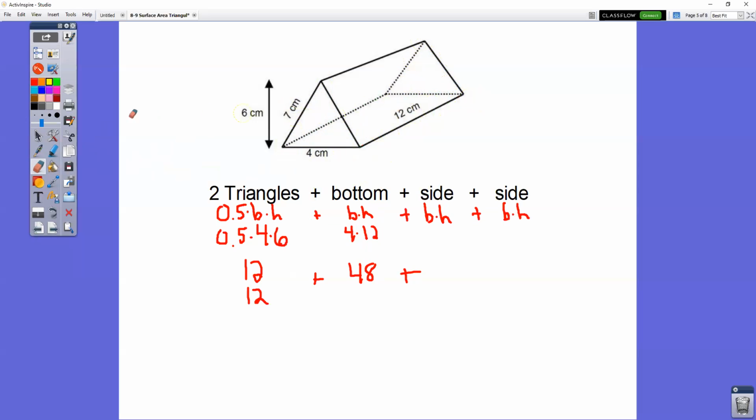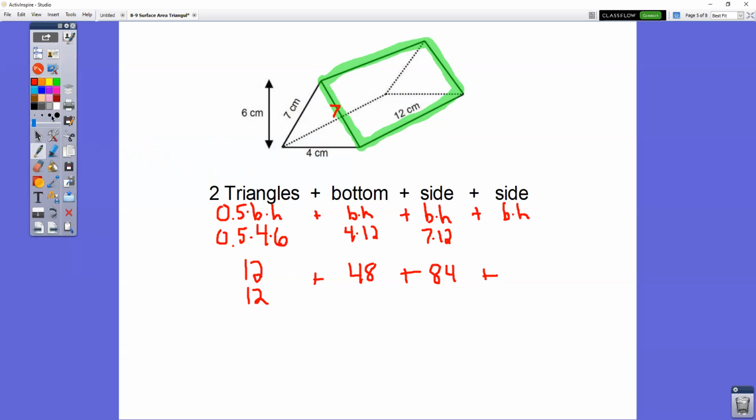When I take a look at the sides, I can see that I'm looking at this rectangle right here. The slanted side is 7. All right, so this is 7 right here. So the slanted side is 7. This side is 12. So I have 7 times 12. 7 times 12 is 84.